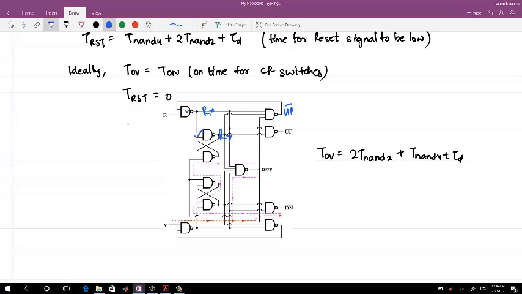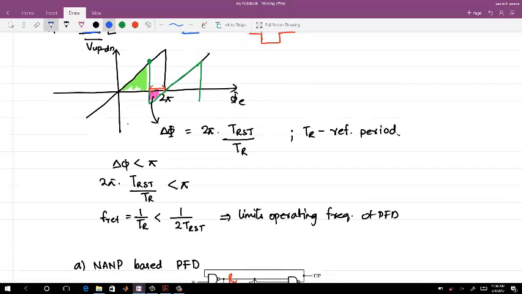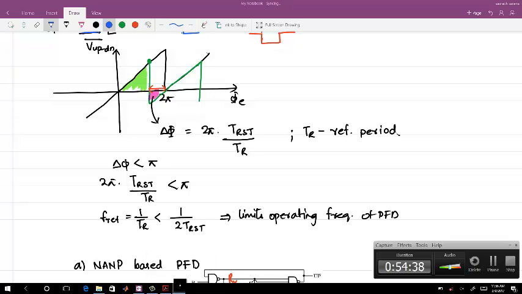Okay, so here we did not decrease the T reset, but we increased T overlap if required. But in both these cases, you will still see this limiting factor on the operating frequency of the PFD and the frequency acquisition range thereby. Okay, so let's stop here and we will look at the other blocks later.